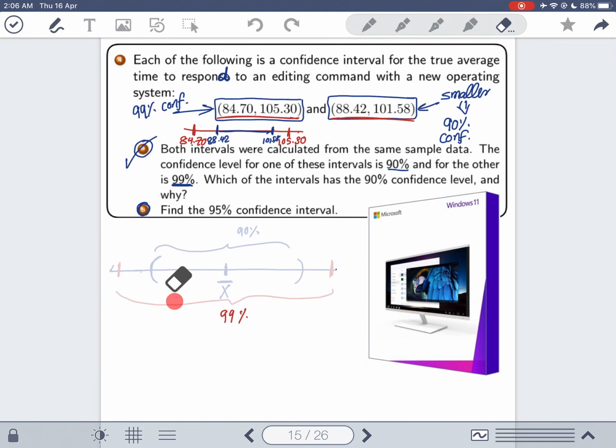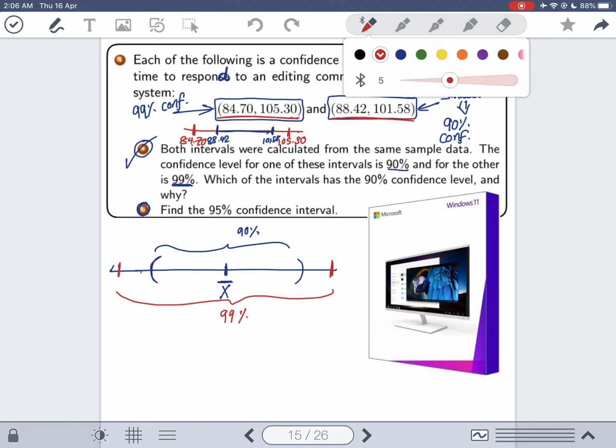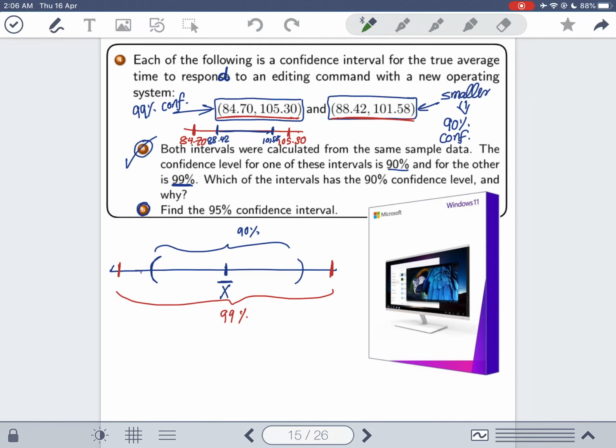I'm going to erase this because the second part is the more important part. It says find the 95% confidence interval. By the way, 95% confidence is going to be between the two. It's going to be here. So we need to find this interval. To find it, I need to give you the lower confidence limit and the upper confidence limit.